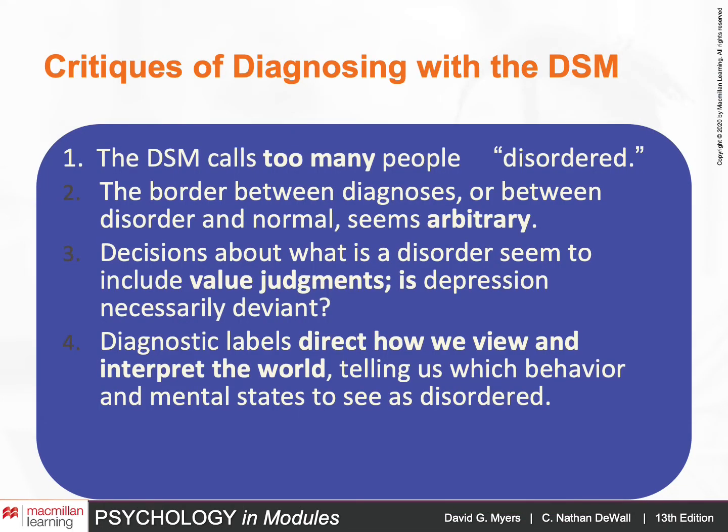Okay, so what are some of the critiques or criticisms of the Diagnostic and Statistical Manual? Well, many people have alleged that the DSM calls too many people disordered, right? So a fundamental problem with the diagnostic labeling of psychologically disordered behaviors is that the labels often bias our perception of the labeled person, right?